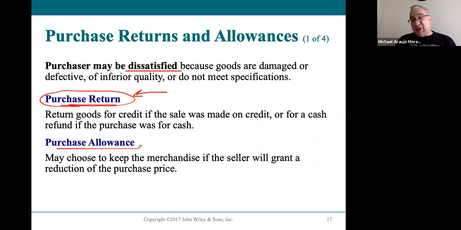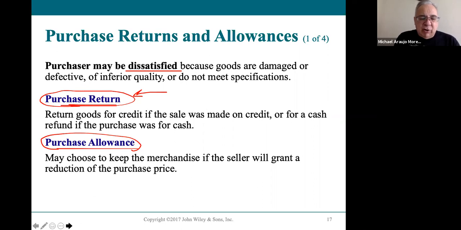But they think they could still sell the hats, just not at the price they thought they would. So they would say, look, I'll keep these hats if you give me an allowance. In other words, give me a discount on the purchase price and I'll keep them. Otherwise, I'm going to return them. And so that might happen on occasion. And if that's the case, it's a purchase allowance. But that's basically what these things are.